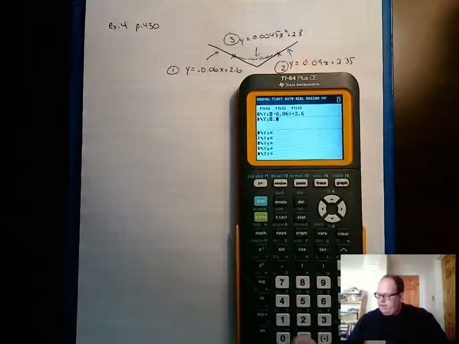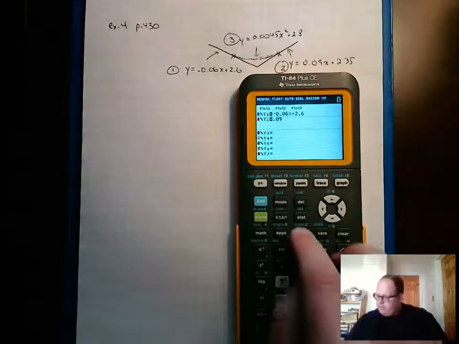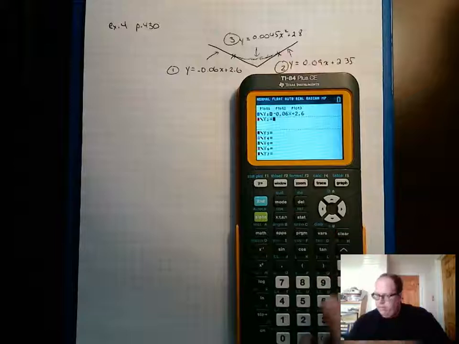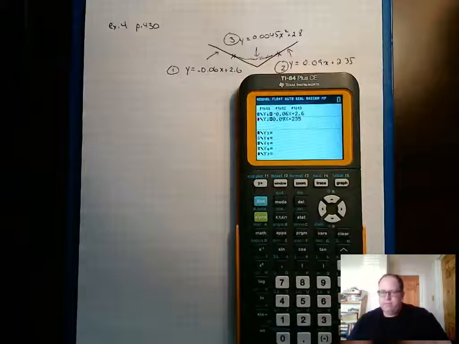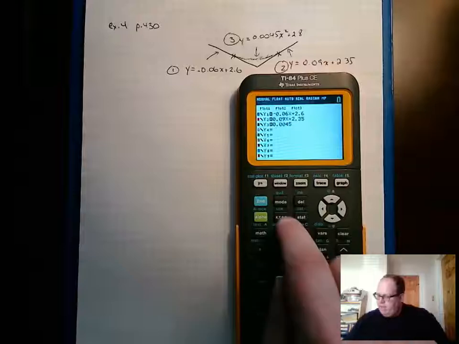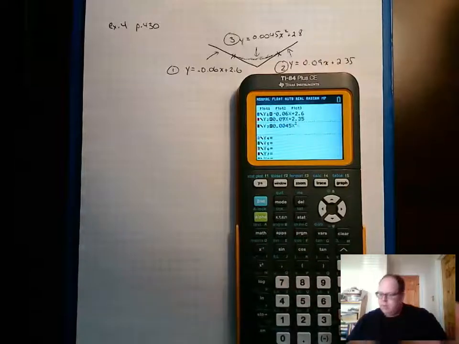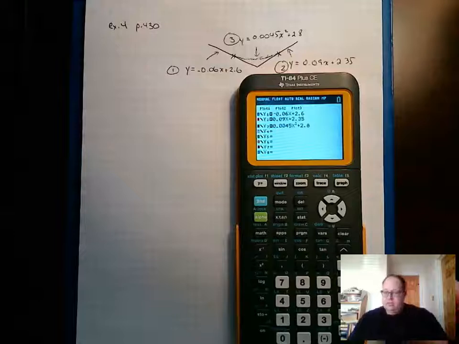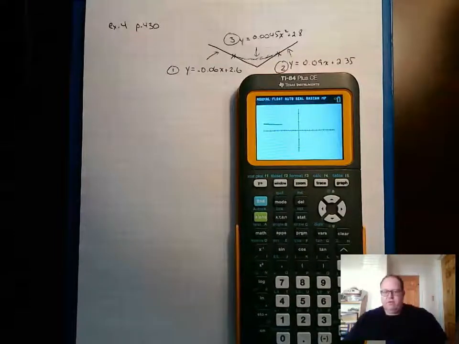Get rid of all that. 0.09x plus 2.35. Not 235, that won't be helpful. And the quadratic, 0.0045x squared plus 2.8. And my next task is going to be to find on my graph where all those hit each other.